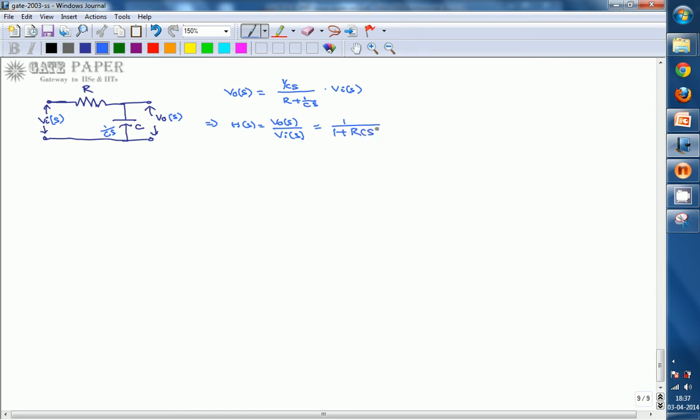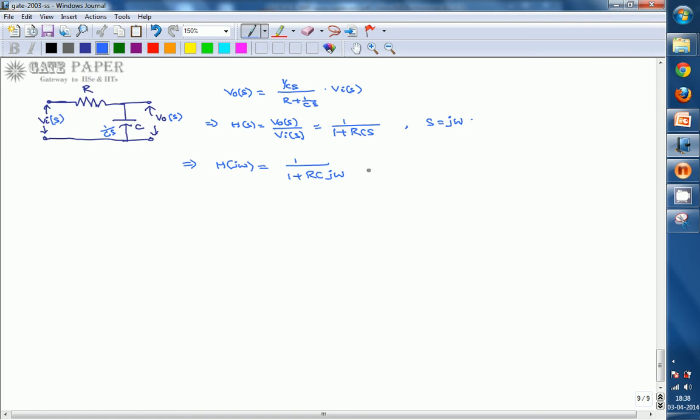Now convert this into the Fourier transform. We know that s equals j omega. Substituting s equals j omega, H of j omega equals 1 by 1 plus RC j omega.